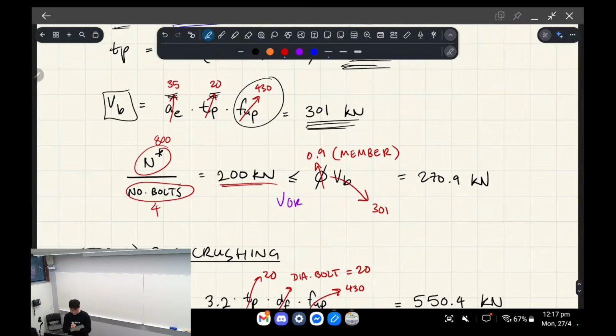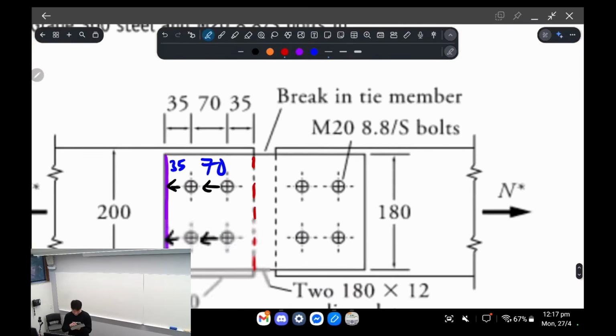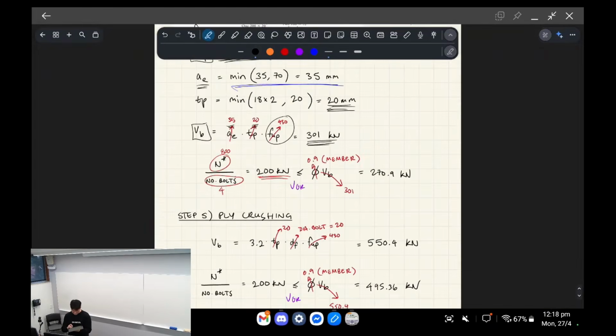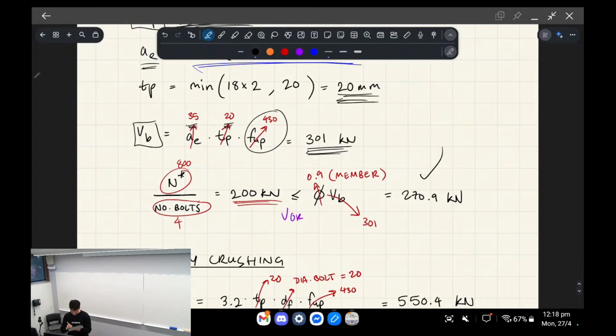And then this is how much force is going to be applied, let's say, locally here at 1 bolt, but then you're checking that versus the member's tear-out capacity. Does that make sense? So it's a very strange check because you're doing 2 different kind of things. Anyway, it's actually good enough.